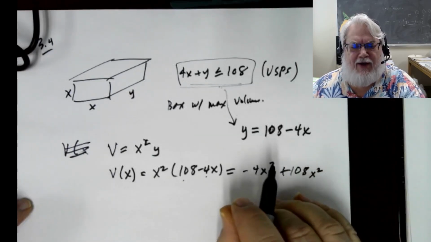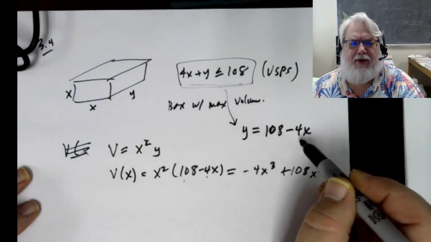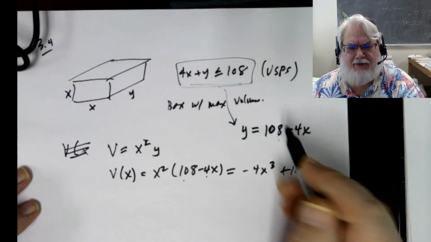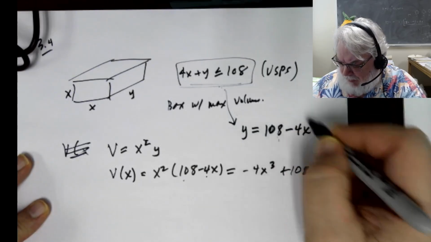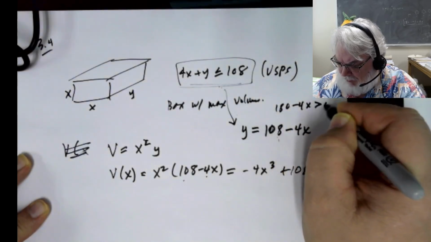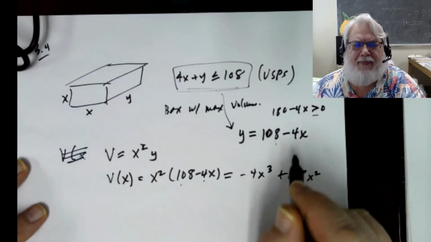Any restrictions on x? Well, if y is equal to 108 minus 4x, we better make sure that that's not a negative number. Therefore 108 minus 4x should be a positive number. I guess it could theoretically be 0.